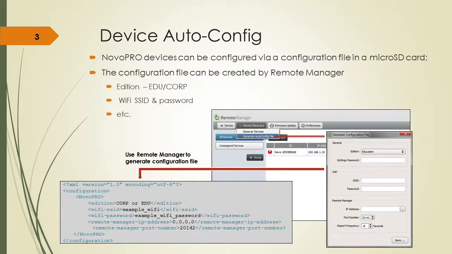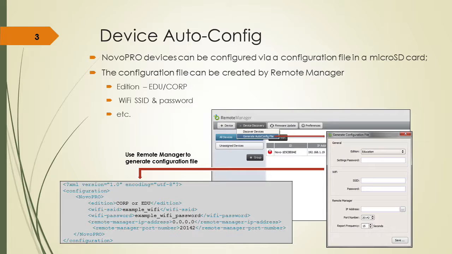In relation to the proper network deployment, here we highlight a key feature called Device Auto Config. This is very important for large-scale deployment. The video Remote Manager Basics also covers this topic. In a small-scale Novo Pro deployment, those individual Novo Pro devices can be added into Remote Manager manually, one by one.